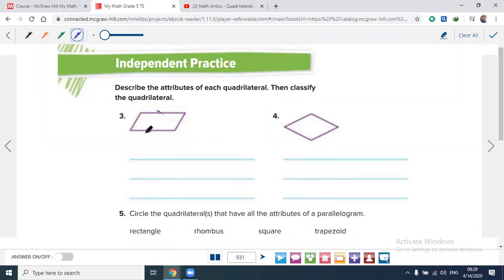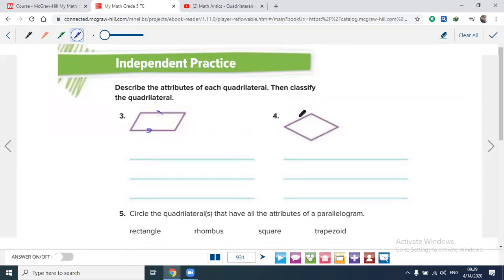I have parallel sides, right? Each of the sides are congruent. This and this are congruent. So parallel sides with each of the sides congruent and no right angle. This is called what? Parallelogram.